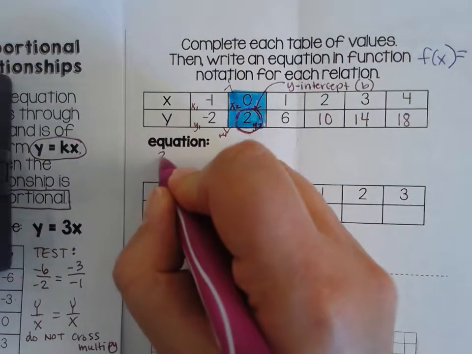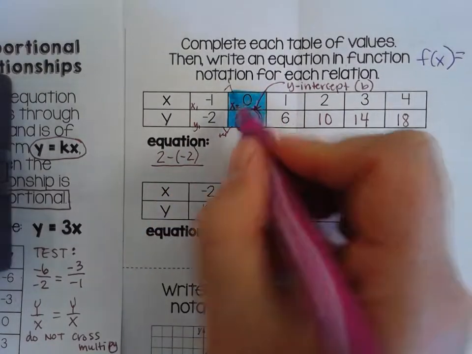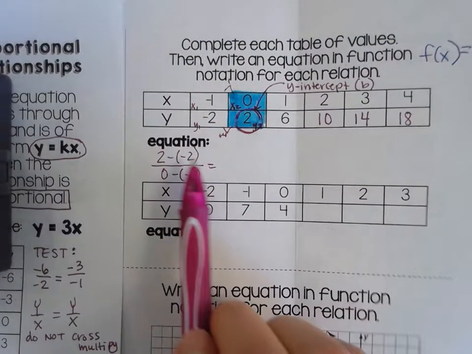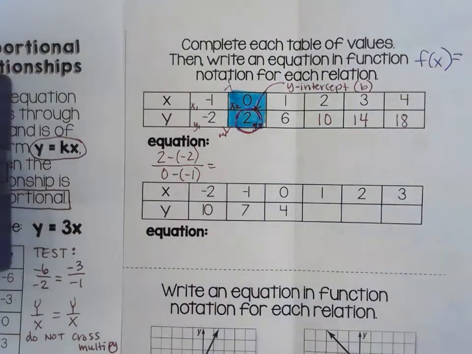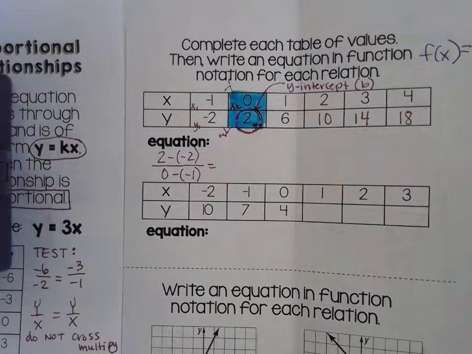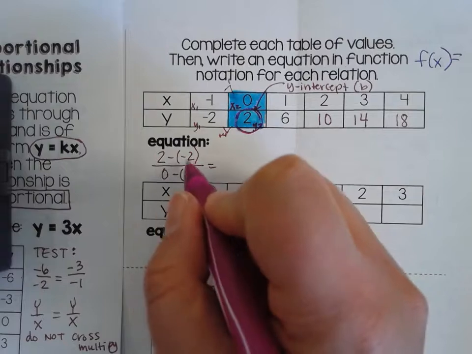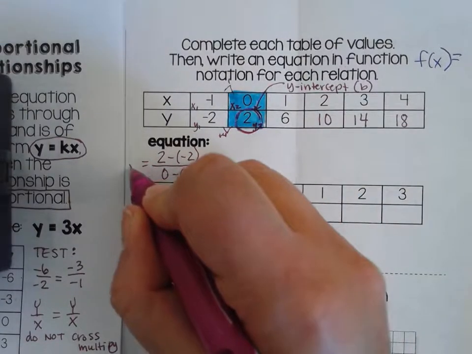So I'm doing 2 minus negative 2 divided by 0 minus negative 1. And I'm going to plug this into the calculator exactly how I see it. I let the calculator do the whole thing at once, and that gave me a 4. So that's my slope value. That's my m.